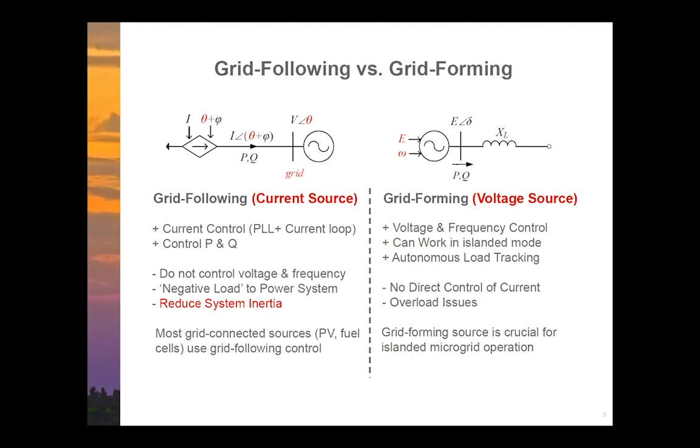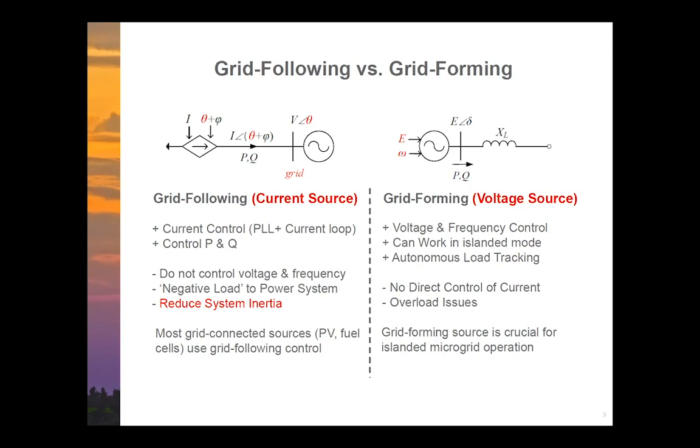It's also relatively easier to protect the inverters from overcurrent. But the disadvantage is that it does not control the voltage and frequency directly, so it cannot work in islanded mode and it cannot track the loads. Basically, they behave as negative loads to the power system.